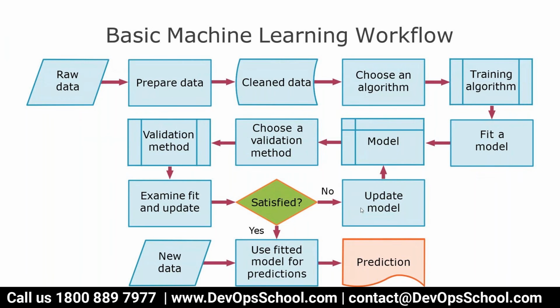So choose a validation method, then you run the validation method, and you see whether the output has come as per your fit and expectation. Are you satisfied with the data or not? If you are not satisfied, then again you have to change the model, update the model. And if you're satisfied, then keep feeding more data, keep learning, and keep doing the prediction. So that is how this workflow will happen.